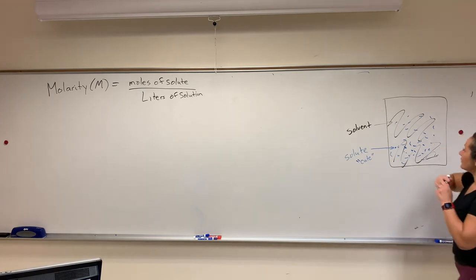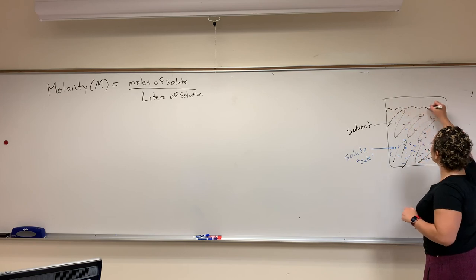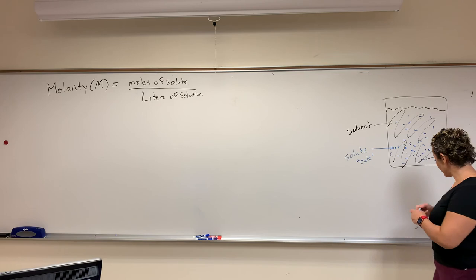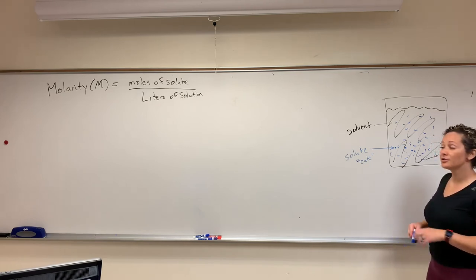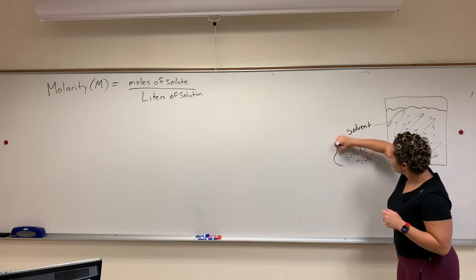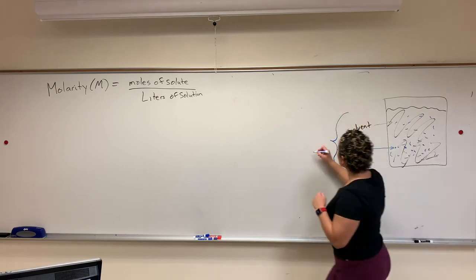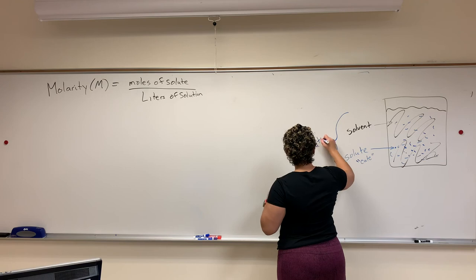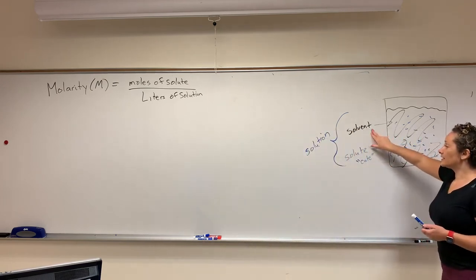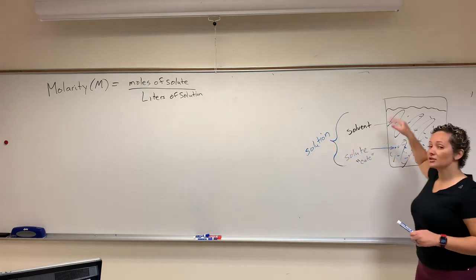So put it together. We'll go ahead and top them up. The solute dissolved in the solvent is termed the solution. So I can't do it over there. Solution. The solute, the dissolving liquid, the solvent is the solution to the whole problem.